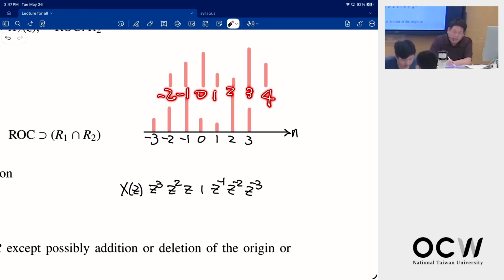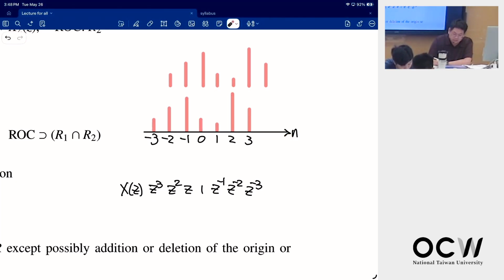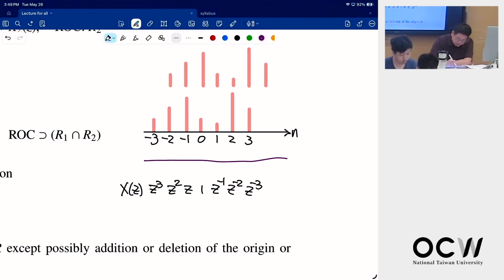I can also think of this as shifting the index. Because I shift to the right, I can think of shifting the index.